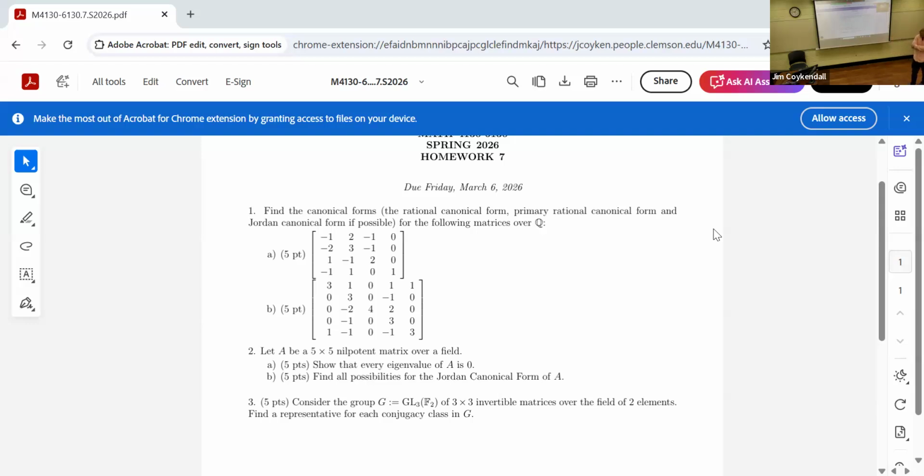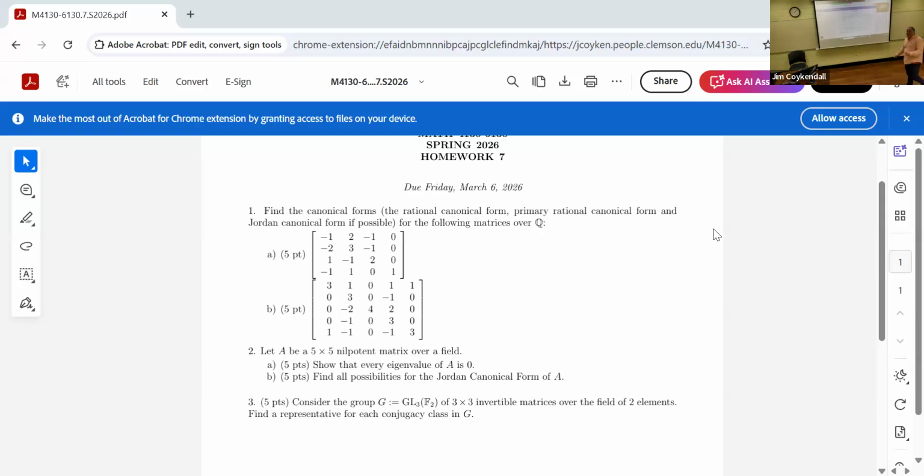Number two, let A be a 5 by 5 nilpotent matrix over a field. Nilpotent is important here to show that every eigenvalue is 0. Actually, that's an if and only if. So that is to say a matrix is nilpotent. Do y'all remember what it means to be nilpotent? You just take a high enough powered matrix and get the 0 matrix.